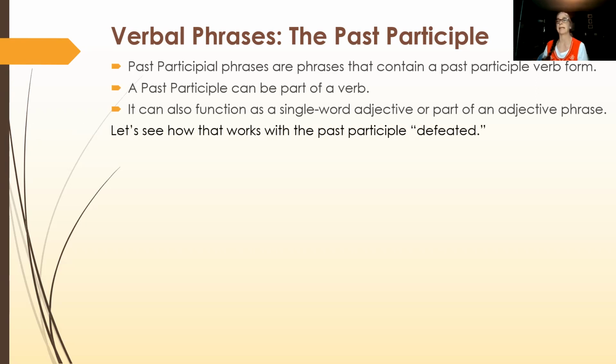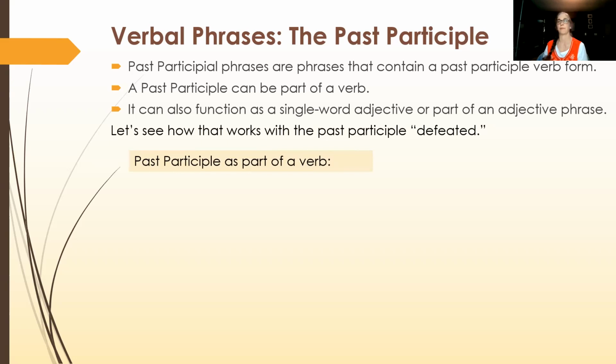Let's see how that works, but it cannot be a noun. Every now and then you'll see it as a noun in a weird kind of a sentence, but not usually. And I'll show you how you might see it as a noun after we look at it as part of a verb, after we look at it as a single word adjective, and after we look at it as part of an adjective phrase. Okay.